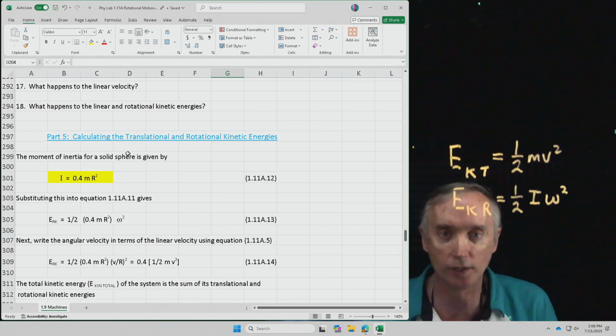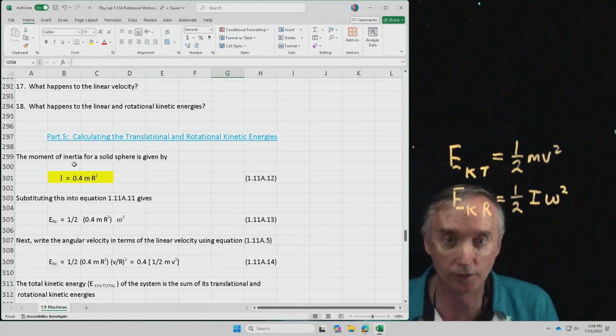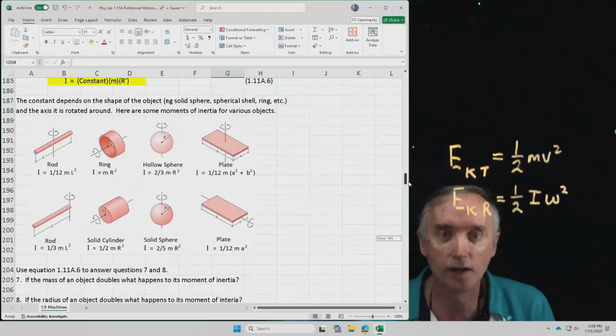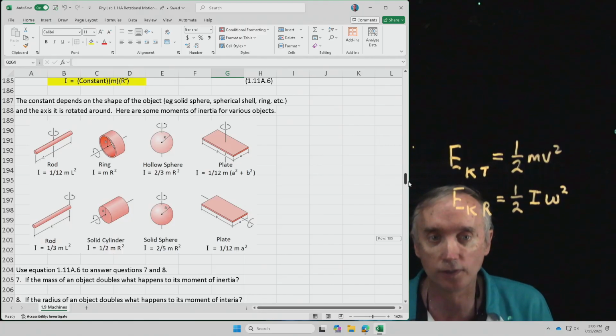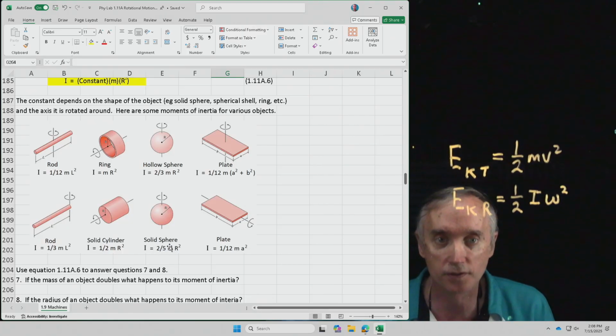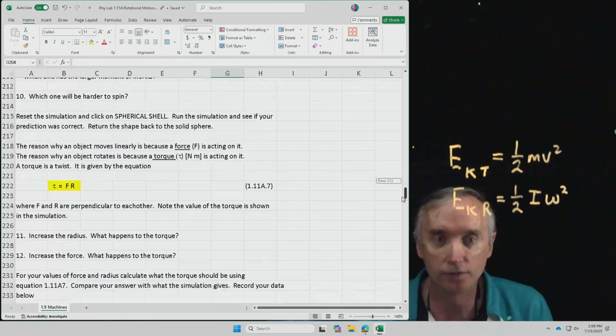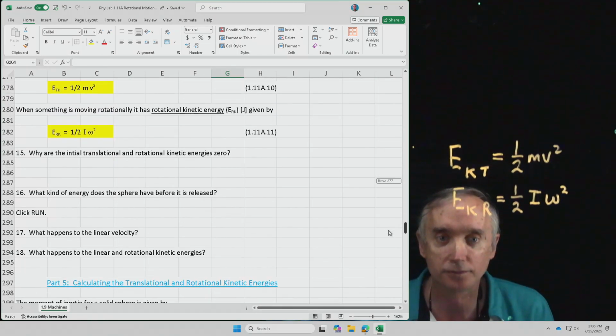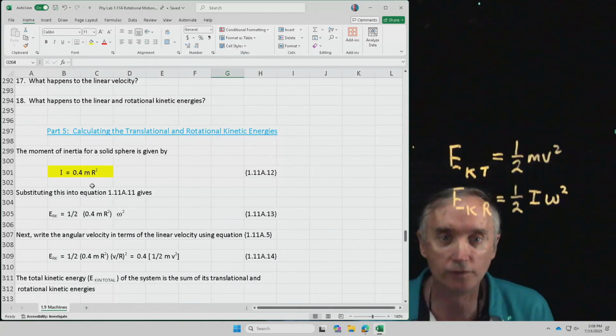So we're going to begin with the moment of inertia. We have to go back to here and find the bowling ball. Okay, you see it's a 2/5. So on your calculator, 2 divided by 5 is 0.4.